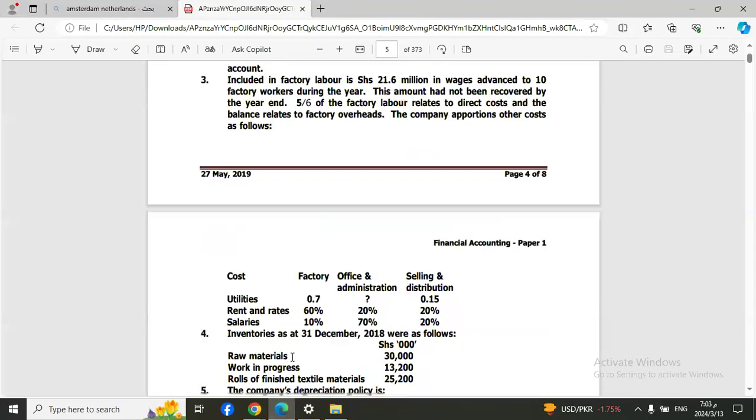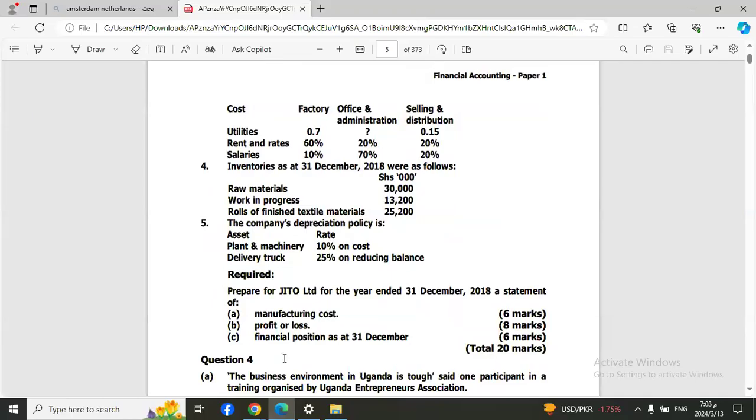As we normally do, we see the required. Prepare for Gito Limited for the year ended 31st of December 2018: 1. A statement of manufacturing cost. 2. Profit or loss. 3. Financial position as at 31st of December 2018.